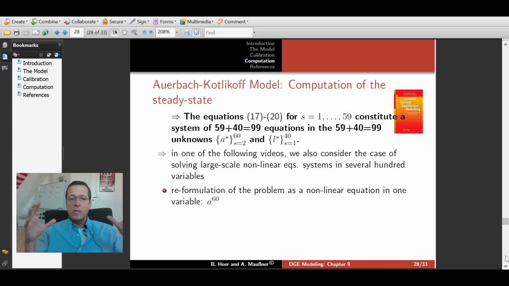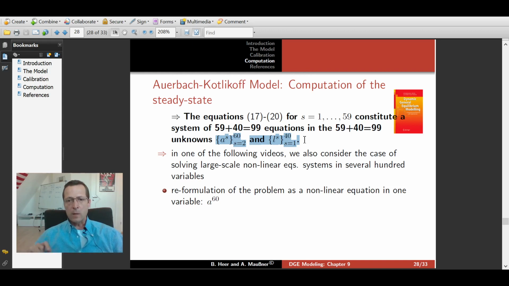Now, one possibility would be to provide an initial guess of these 99 variables and solve a nonlinear equation in these 99 variables. And we will do this in about 2 or 3 videos where we look at a large-scale economic model with several hundred variables.